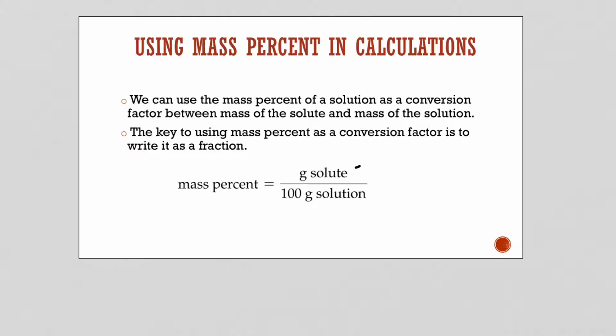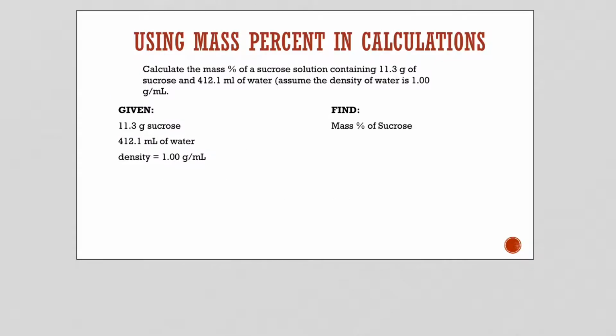So the mass percent allows us a convenient way to go back and forth between, if we know the mass percent and how much solution we have, then we can figure out how much mass of solute's in there, or vice versa. And so sometimes we're trying to find the mass percent. Sometimes we're using the mass percent combined with one of these other things to find the missing piece. So let's look at a couple problems.